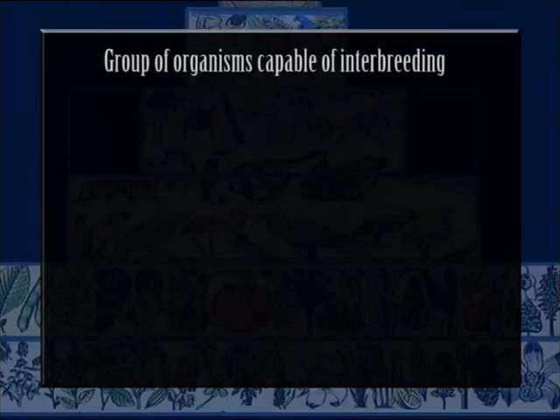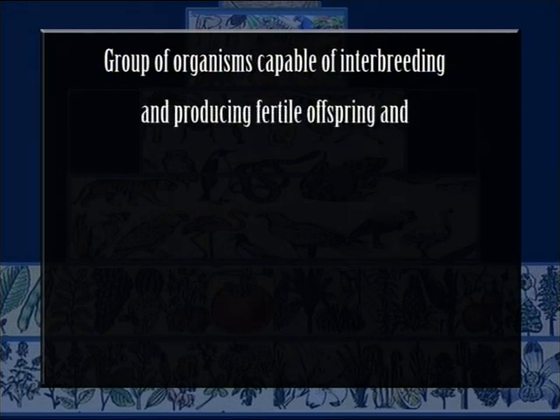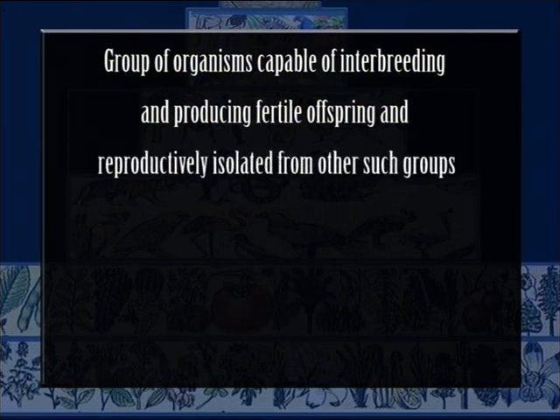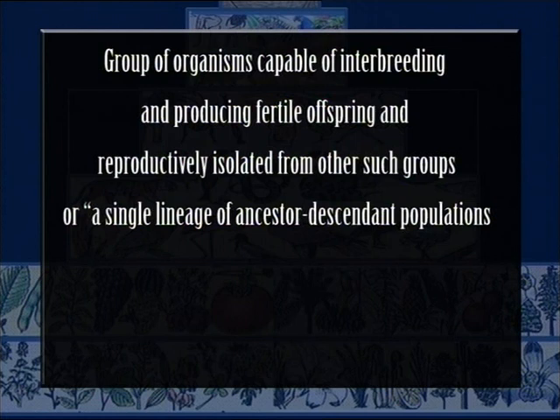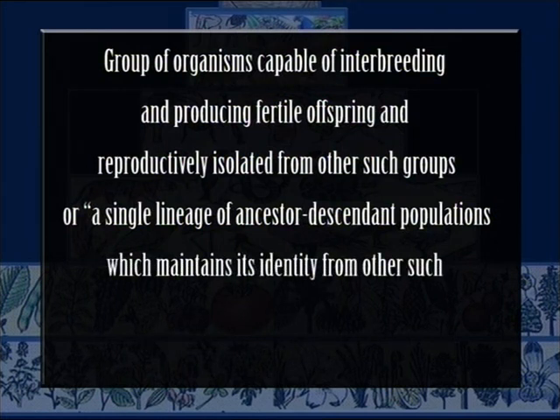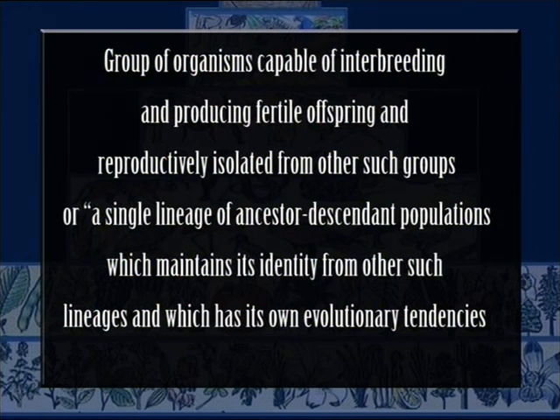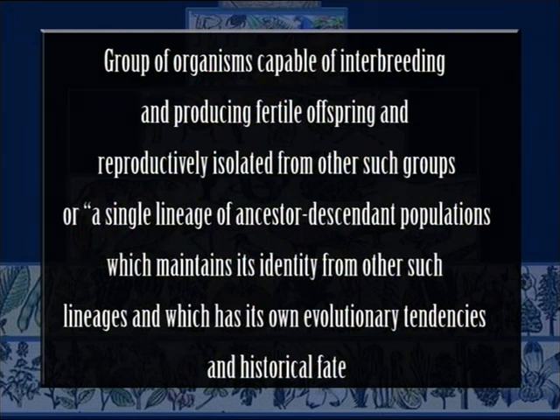Not going much into the details of various definitions of species proposed in accordance with these concepts, a species can simply be defined as a group of organisms capable of interbreeding and producing fertile offspring and reproductively isolated from other such groups, or a single lineage of ancestor descendant populations which maintains its identity from other such lineages and which has its own evolutionary tendencies and historical fate.